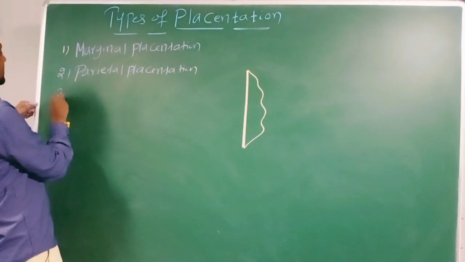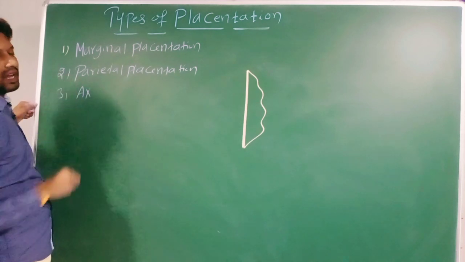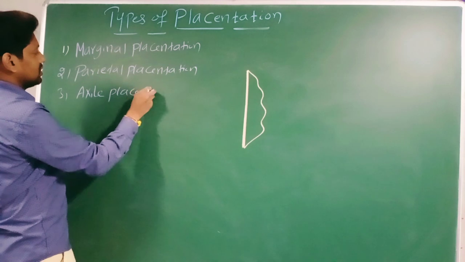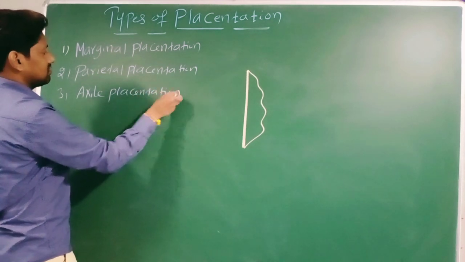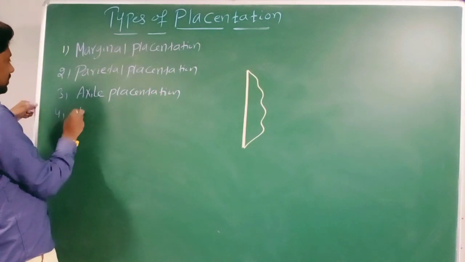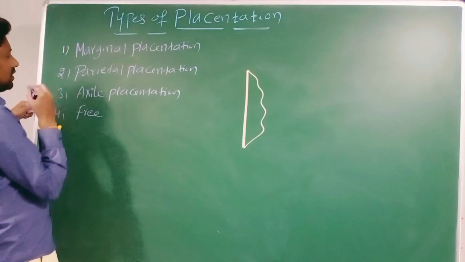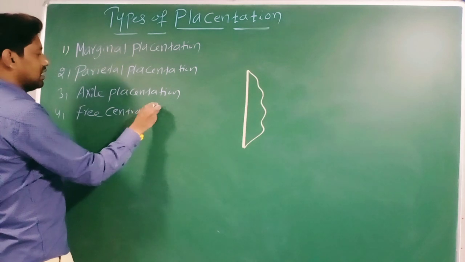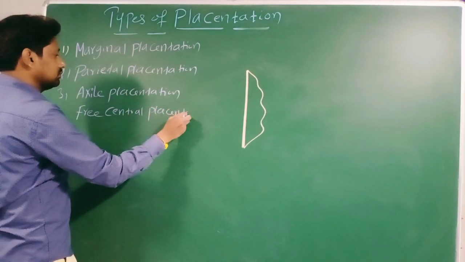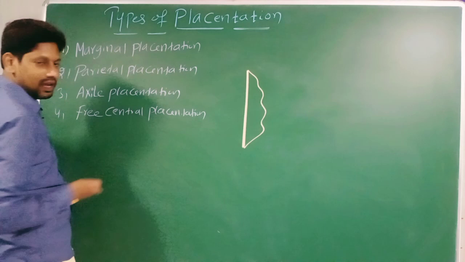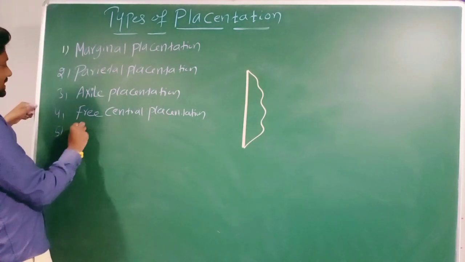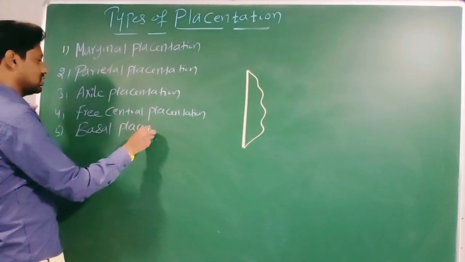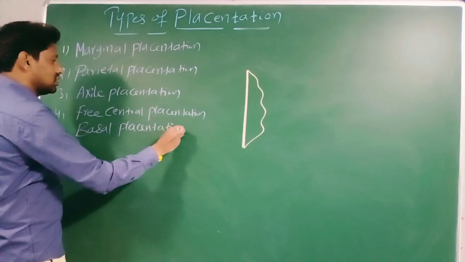Number 3, axial placentation. Number 4, free central placentation. Next, number 5, basal placentation.